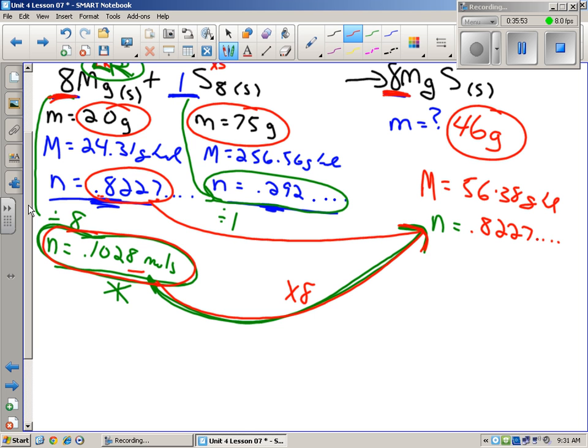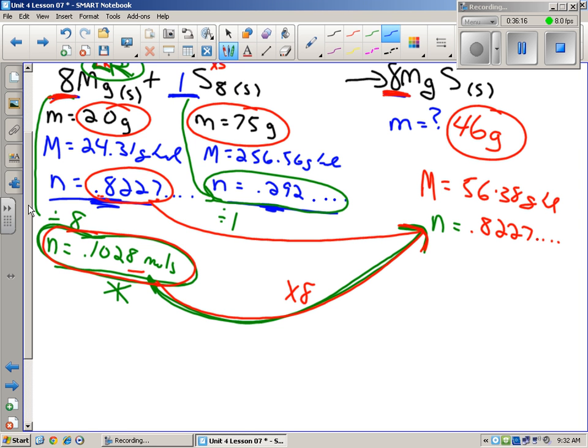Well, there's a couple ways to figure that out. The other question that goes with this is how much sulfur reacted and how much sulfur didn't react. You can pick either one of those to do, and you can get the other answer by simply subtracting at the end. I'll show you what I mean here.